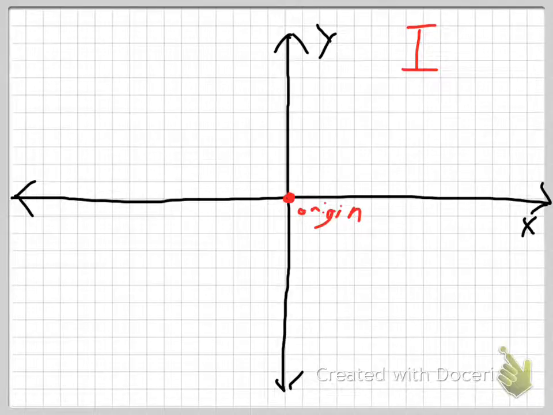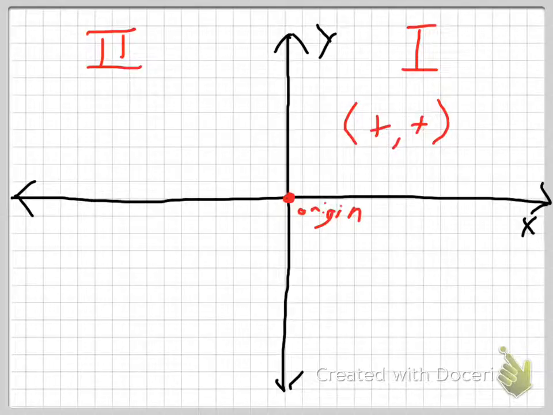When we're thinking about quadrant 1, I'm thinking about numbers on my x-axis which are positive, and numbers on my y-axis which are positive. So I'm always going to have a positive x and a positive y in quadrant 1. Now, quadrant 2 moves to the left of quadrant 1.